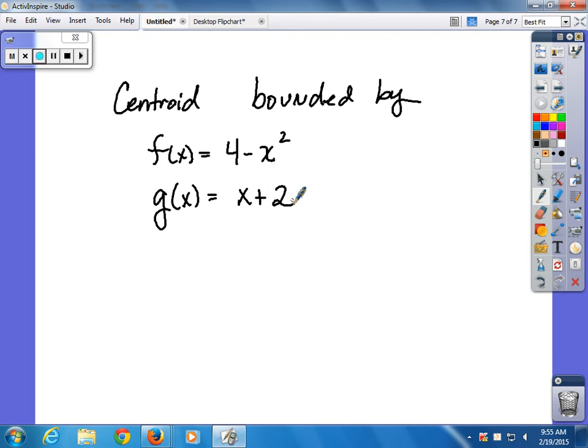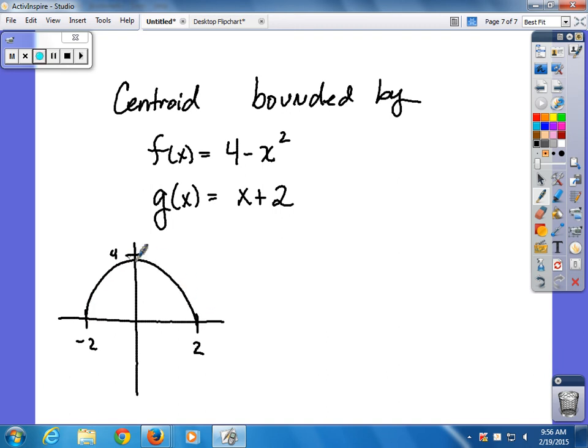So basically, I'm going to give you what it looks like. It's going to look something like this. That's supposed to be 4. Sorry. Can't draw. That right there is 4.